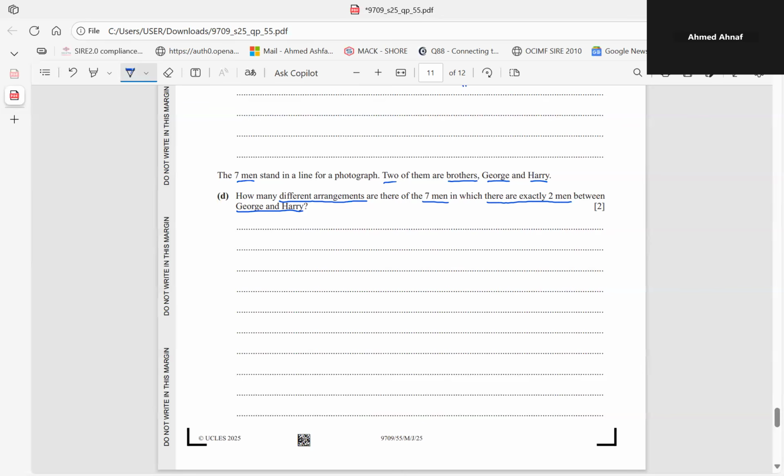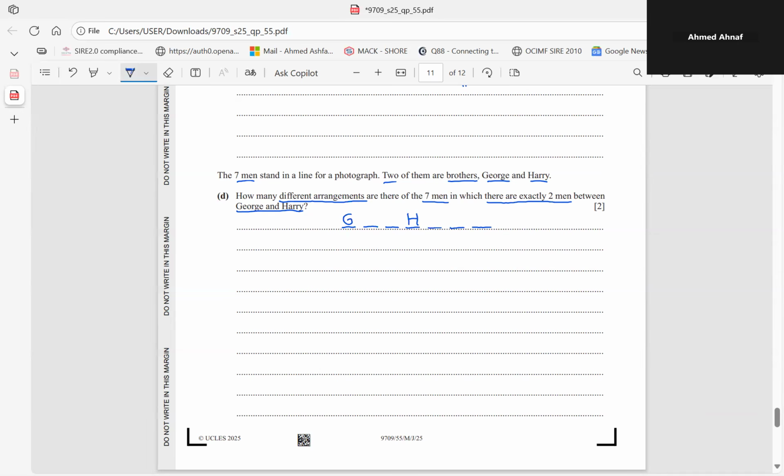To do this question, let's first draw 7 slots, numbered up to 7. We'll let George and Harry be here for now, and let this be 1 slot.